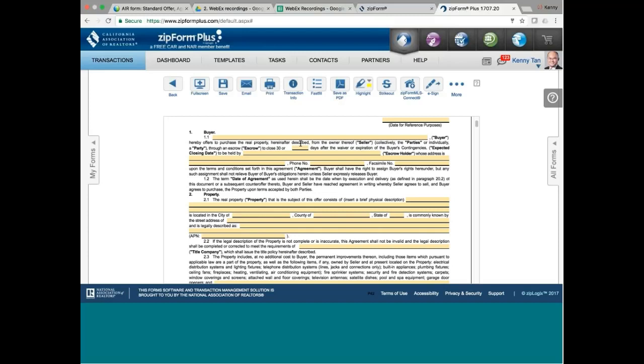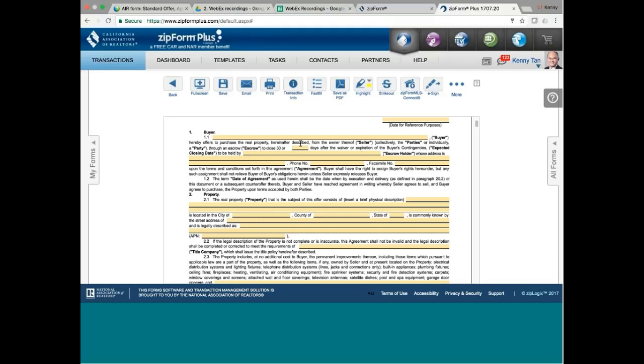I'll give you an example. Let's say I'm a buyer's agent submitting an offer on a 4-unit apartment complex. Should I use the CAR form or the AIR form? CAR form. As I told you, the CAR form has active removal of contingency.